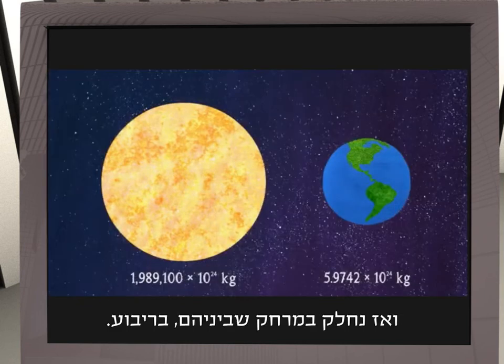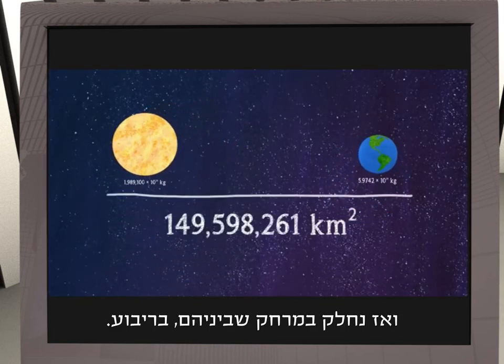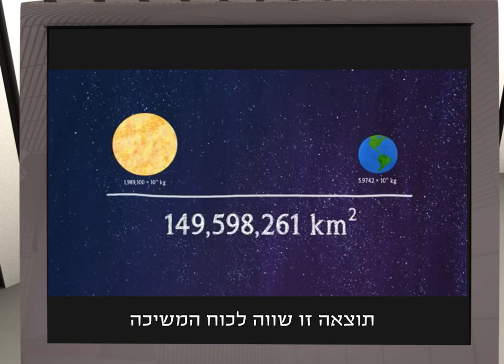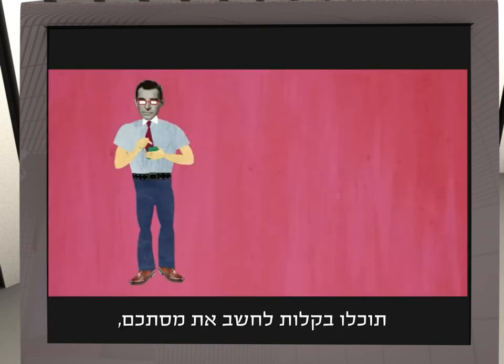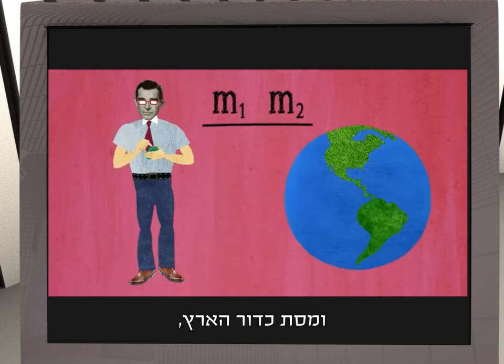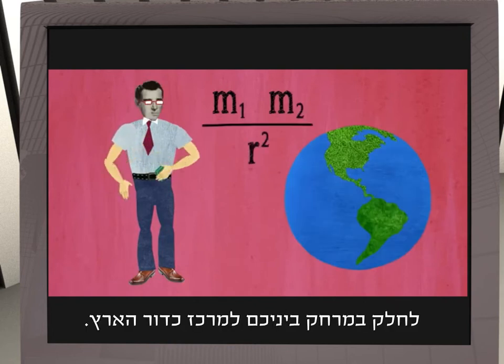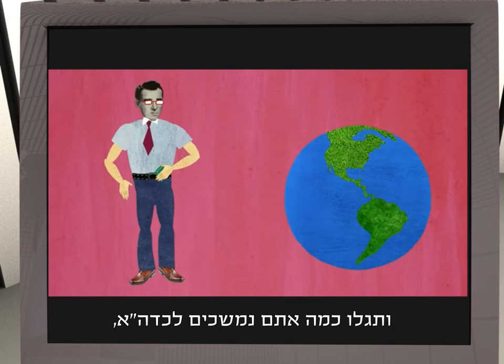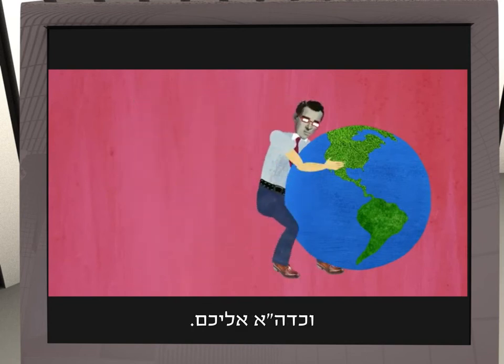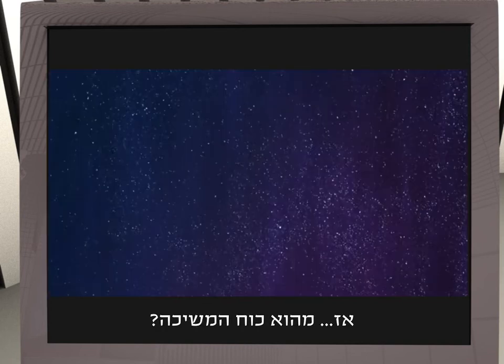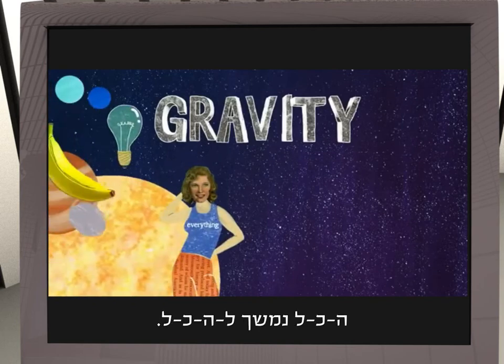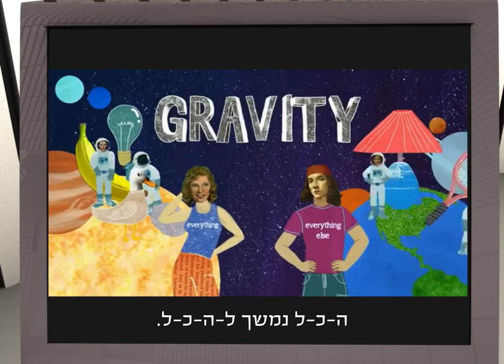And then we divide by the distance between them squared. This determines the force of attraction between the sun and the earth. You could just as easily plug in your mass and the earth's mass and the distance between you and the center of the earth and find out how much you are attracted to the earth and the earth is attracted to you. So what's gravity? Everything is attracted to everything else.